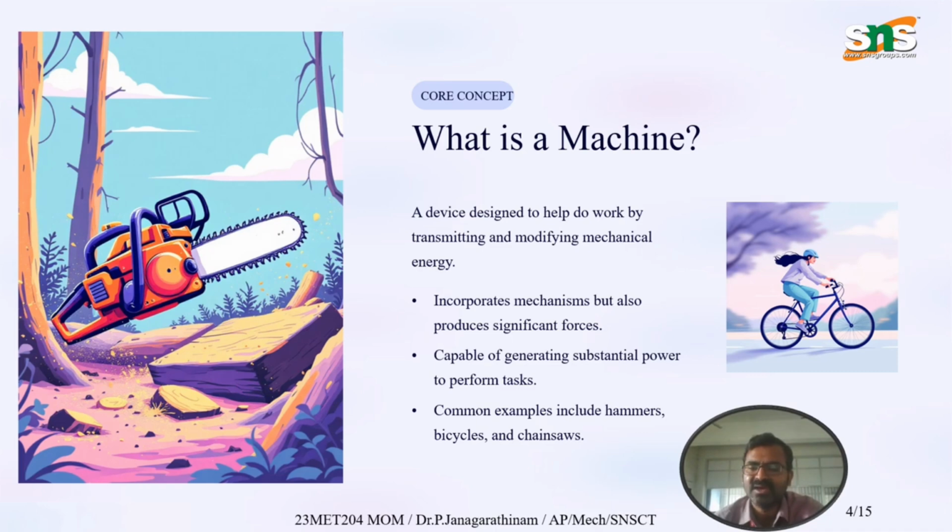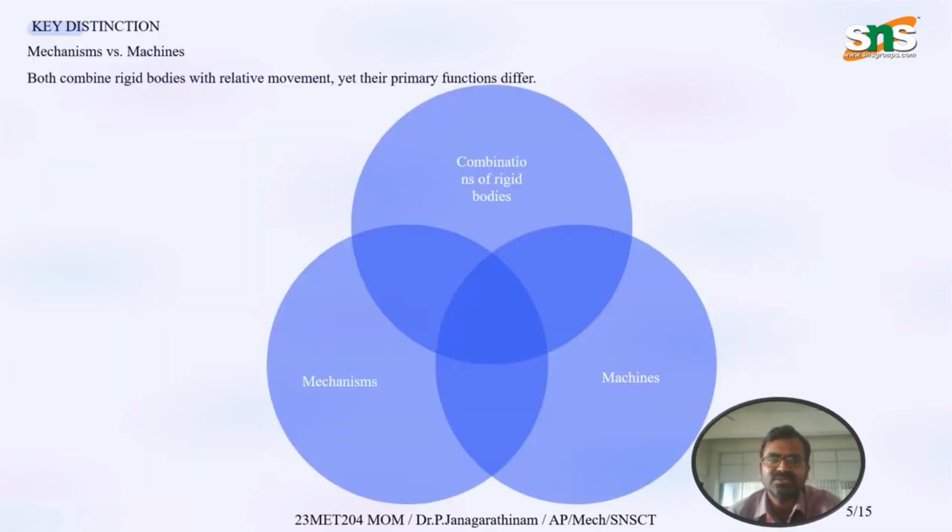Examples like bicycles, chainsaws, and hammers are day-to-day usage. A rigid body combines both mechanisms and machines.